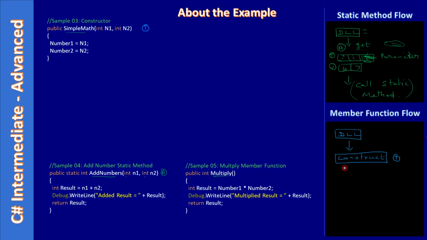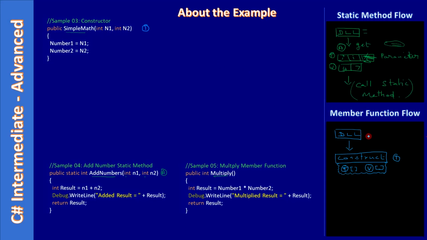We will say that we need a type array and a value array. So the constructor depends on these two, and once we have all this information, we can actually create an instance of simple math.